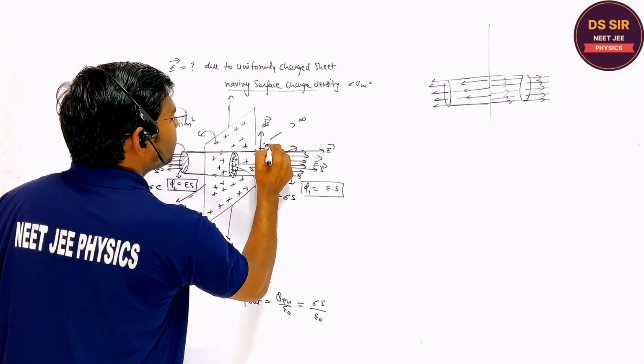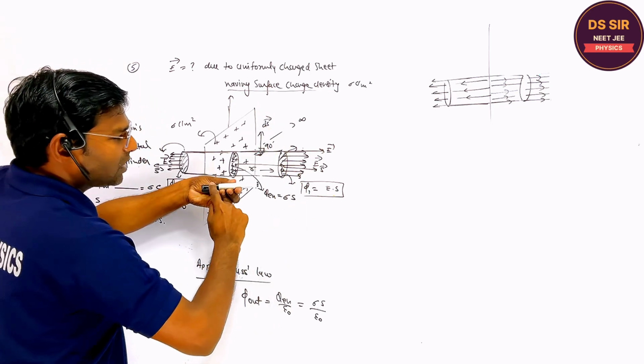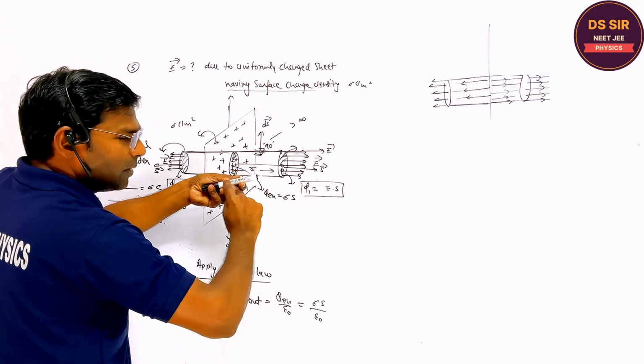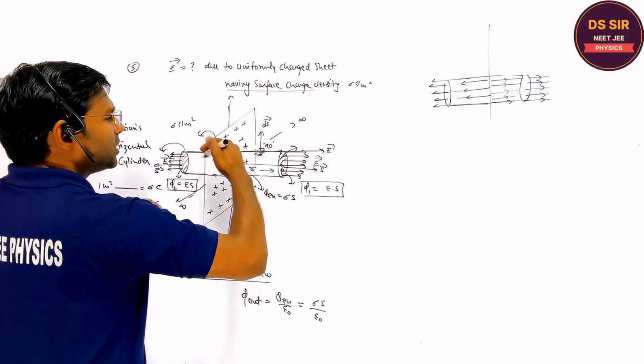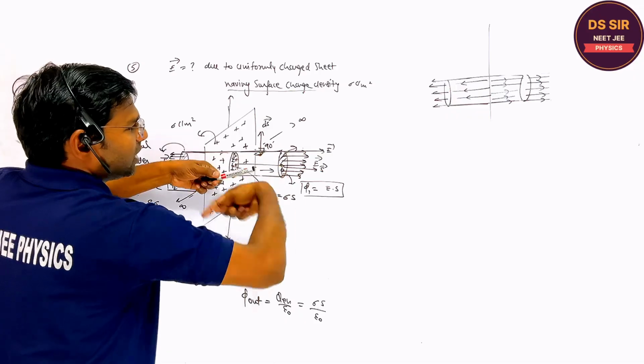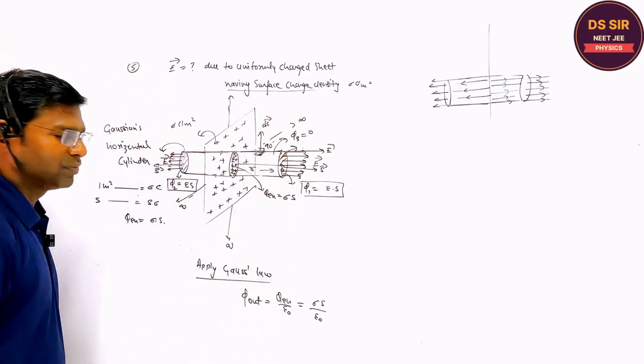Here the angle between the electric field and the S vector is what? 0, because the electric field is along the lateral surface. So if you consider this the lateral surface, the flux linked with this lateral surface is 0. Are you getting?